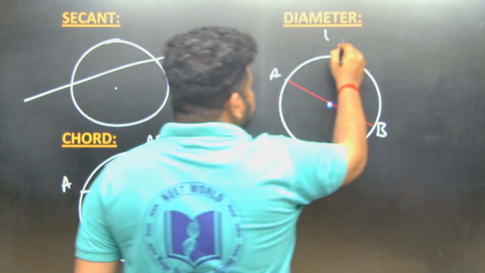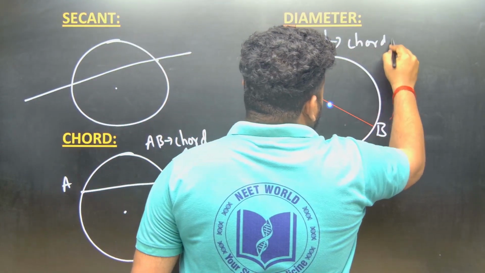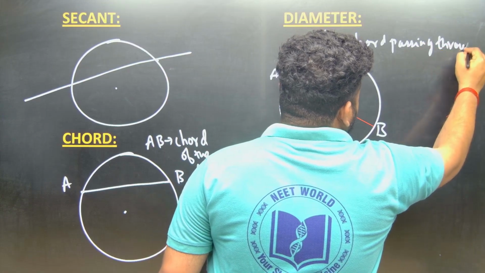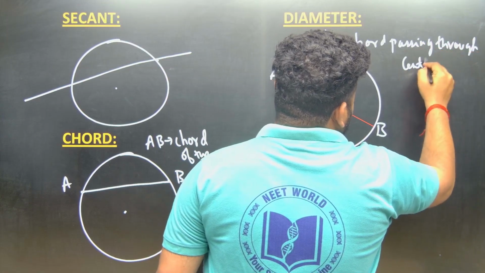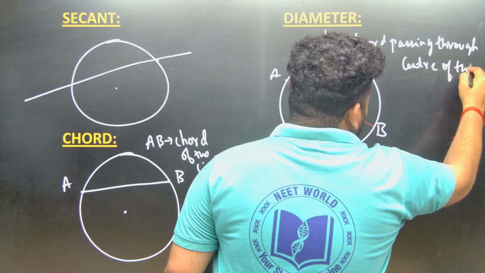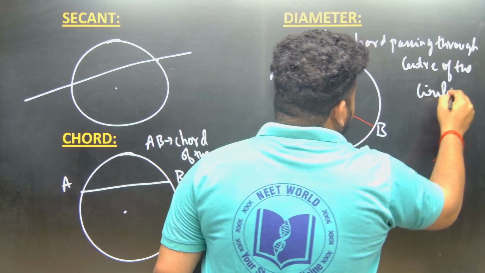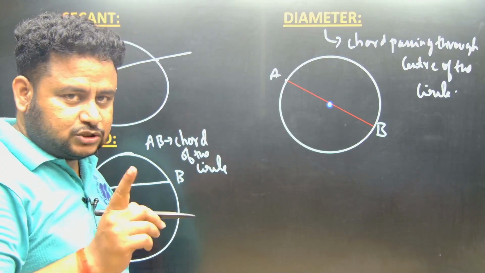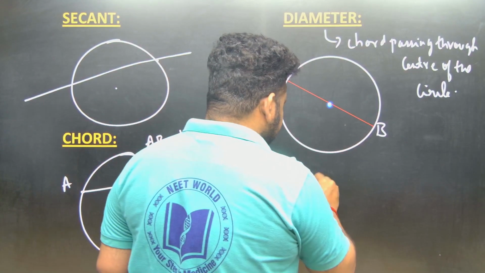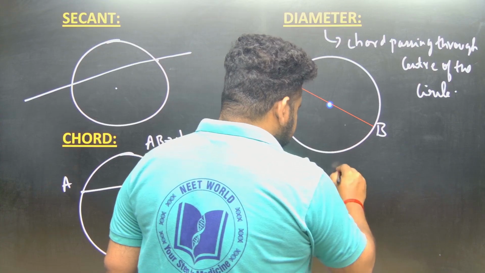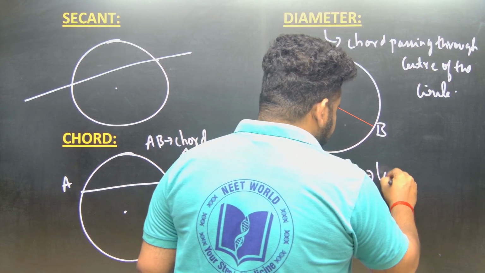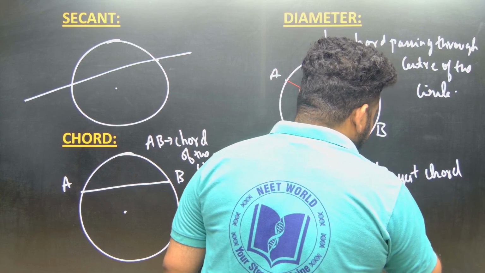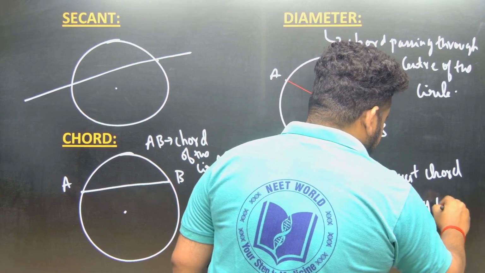So, diameter is a chord passing through the center of the circle. This you must know. And you also must know the diameter is the largest chord of any circle.